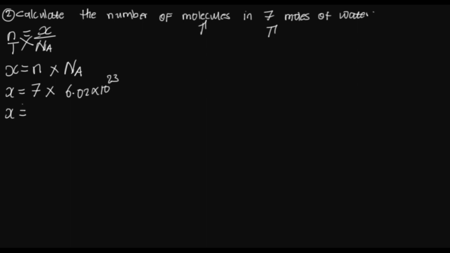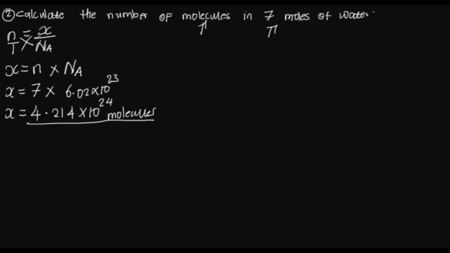So we can use the calculator now, 7 times 6.02. So we have 4.214 times 10 to the power 24, and we can now say molecules, since we are looking for molecules. So this is how you can answer.